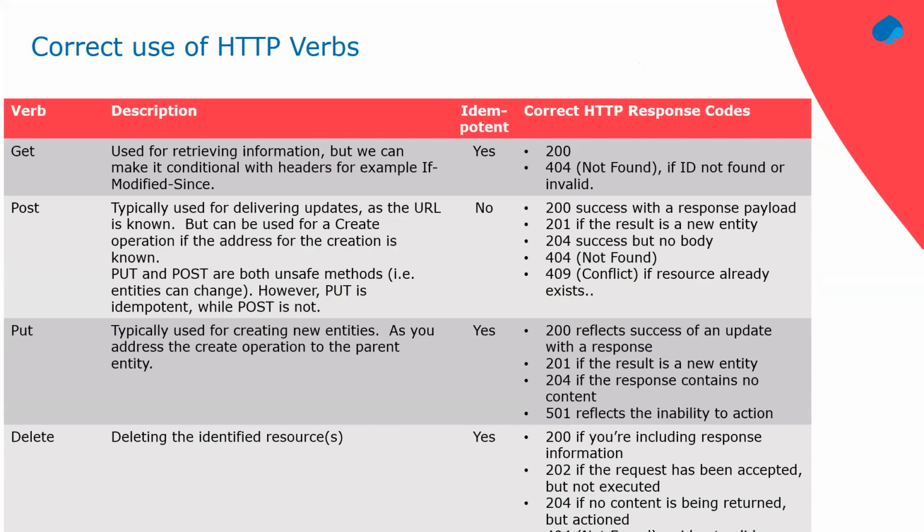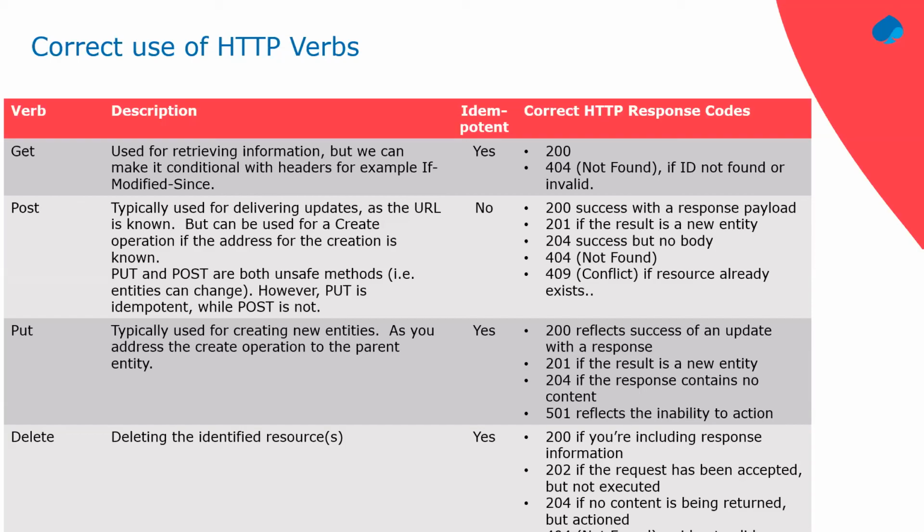You would post an update to an entity. You could very easily say, okay, I've got a conflict here with the version that you're building on, or the data that you've passed is conflicting with an update I've had since you asked for the data and you've updated it. So you can return a 409, for example.